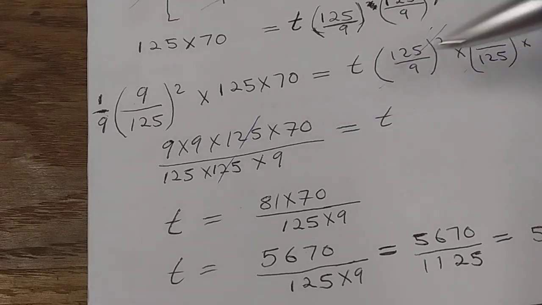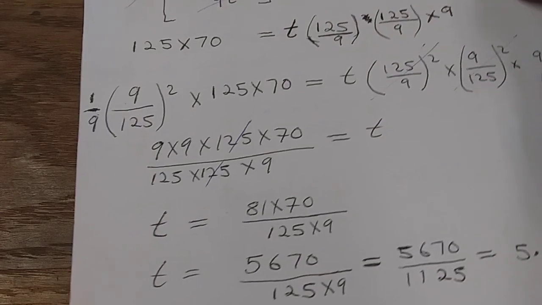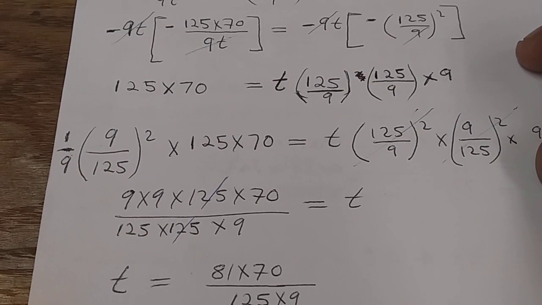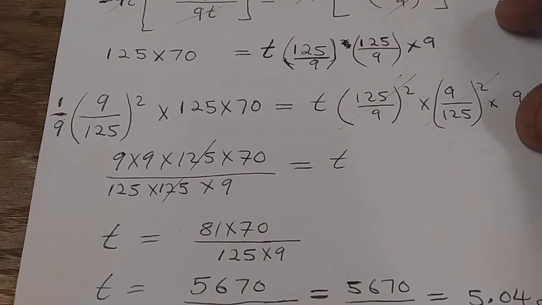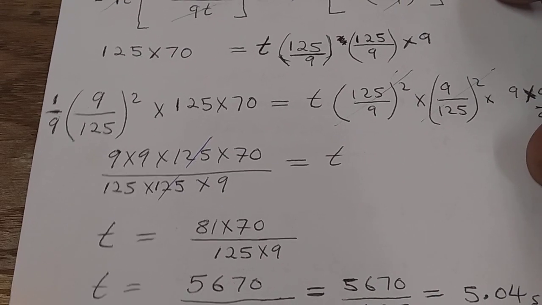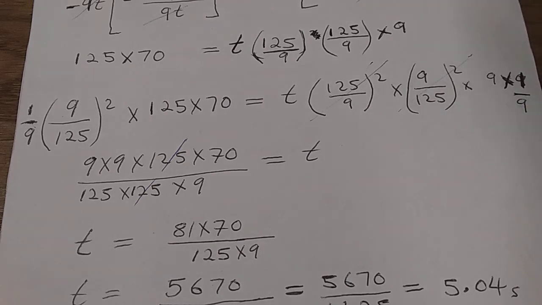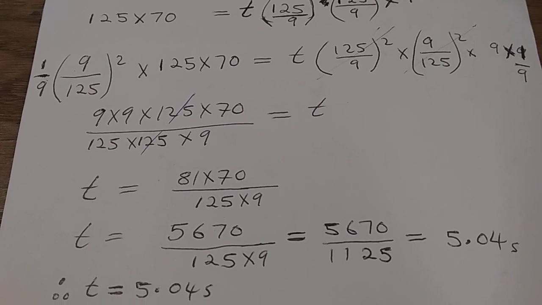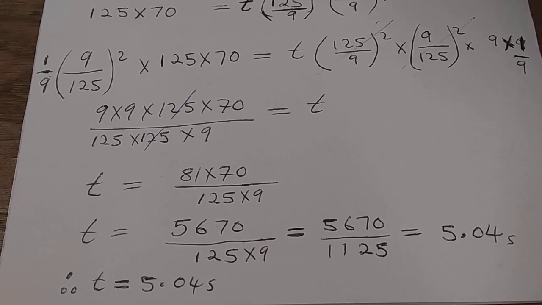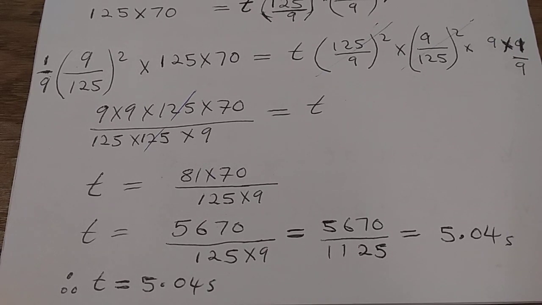Everything here gives you positive 1. Everything on the right hand side gives you positive 1. So that is how we go about it on the right hand side.